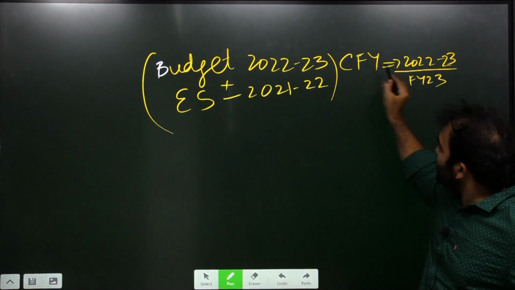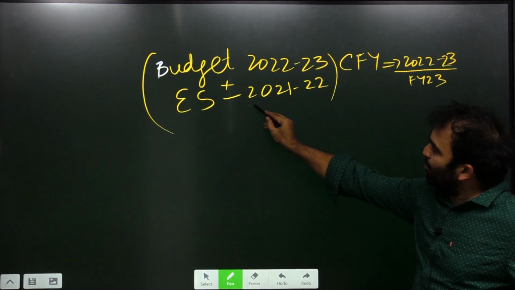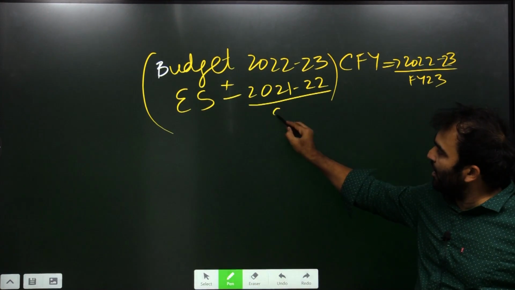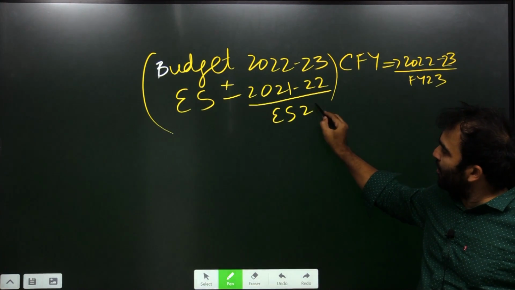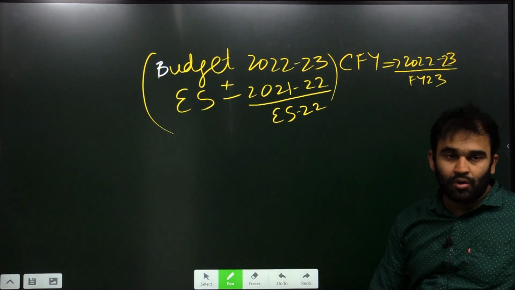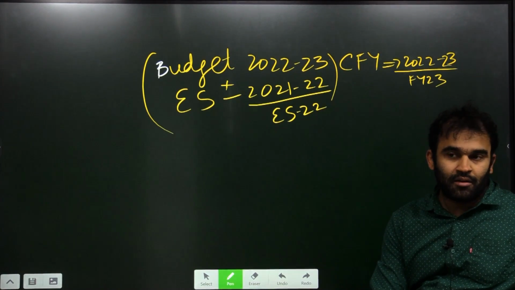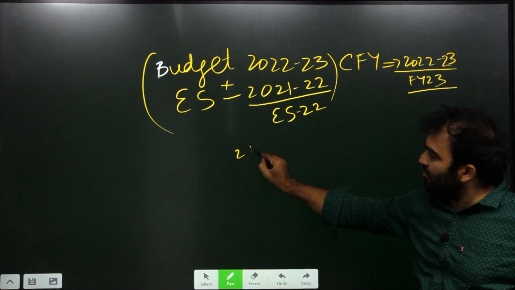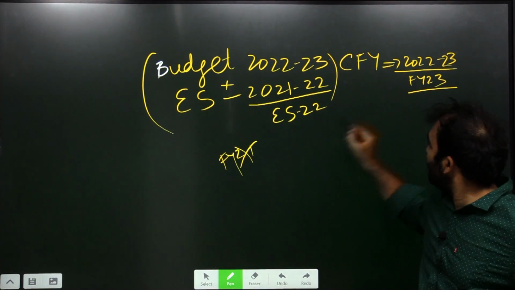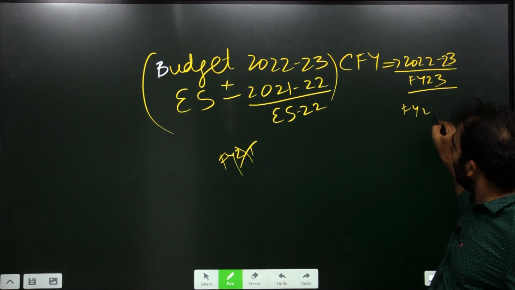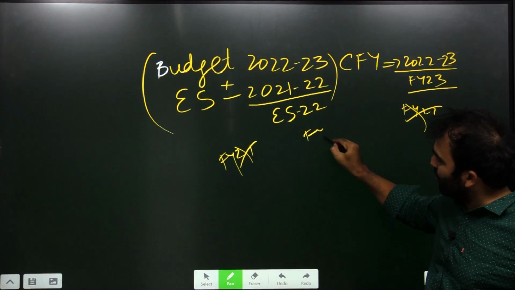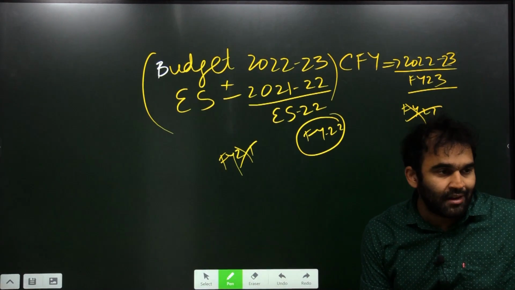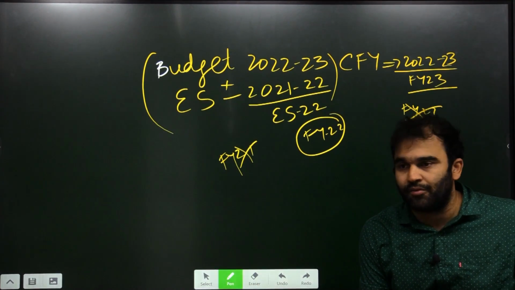Then your economic survey will be presented for the previous financial year, not for the current financial year. So technically speaking, this is economic survey 22, not 21, not 23. It is not for financial year 21, it is not for financial year 23, but it is for financial year 22. Of course, what is economic survey? It is a survey of the entire economic performance.